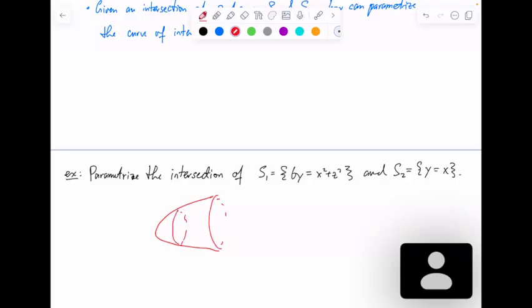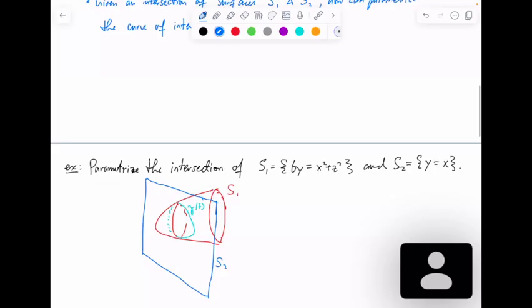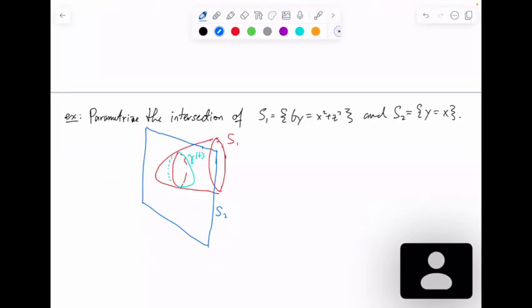So this is S1, and then we had plane S2. Here's a curve of intersection, which should be some sort of distorted circular shape like an ellipse. Visually, I hope you understand that if I have a shape that looks somewhat like this and a plane that looks like this, then you should be able to picture that its intersection ought to look something like that.